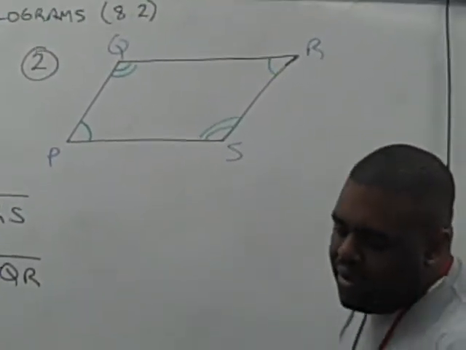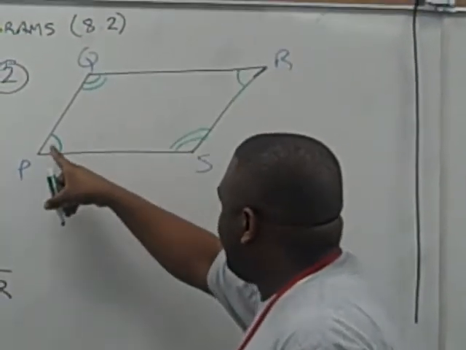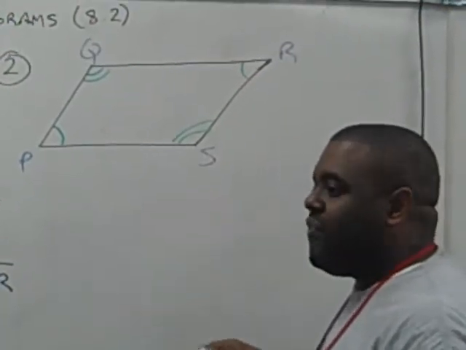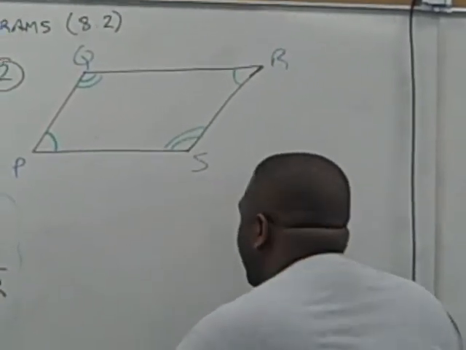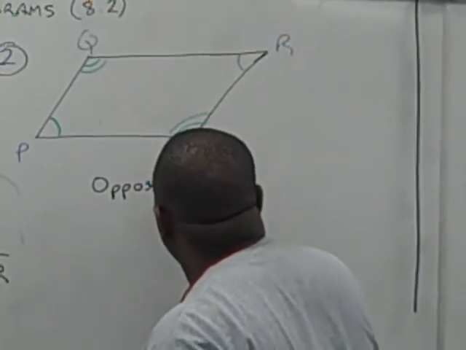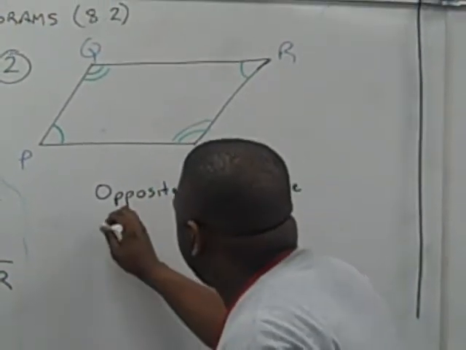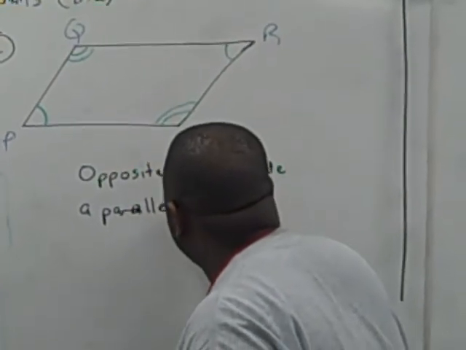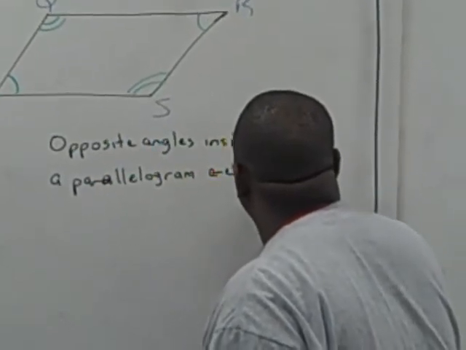What you have to remember is that the opposite angles, if this angle is right here and this angle is right here, they are opposites of each other, and therefore they are congruent. So we make a mark right here and say that opposite angles inside a parallelogram are congruent.